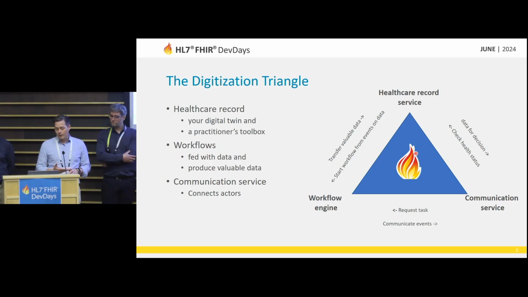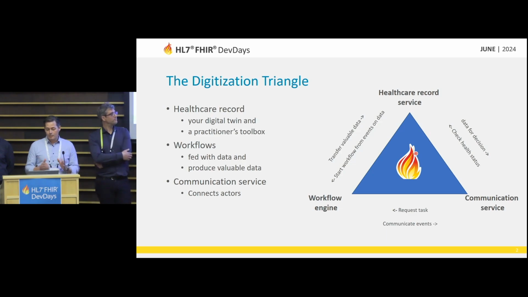And finally, the workflow engine, we had to enhance this as well in order to synchronize the prescription and dispensation data with the healthcare service. But we did it. So our objective is that all these building blocks speak FHIR and rely on FHIR, and we have a media break free process.